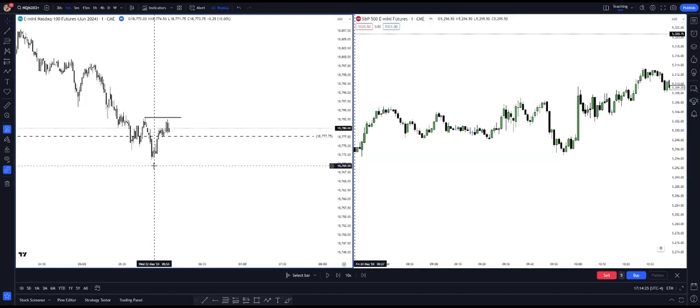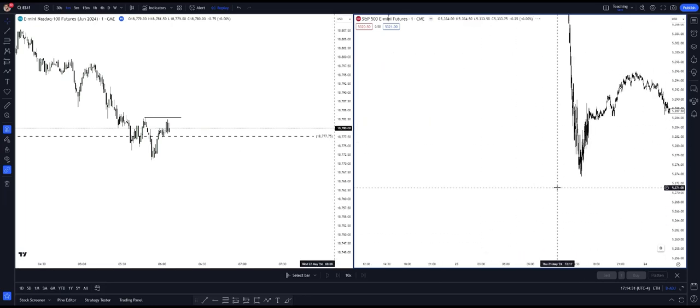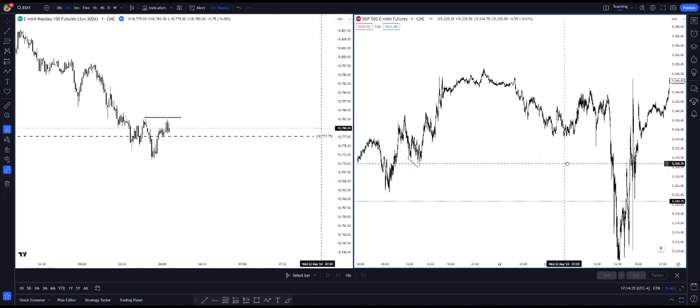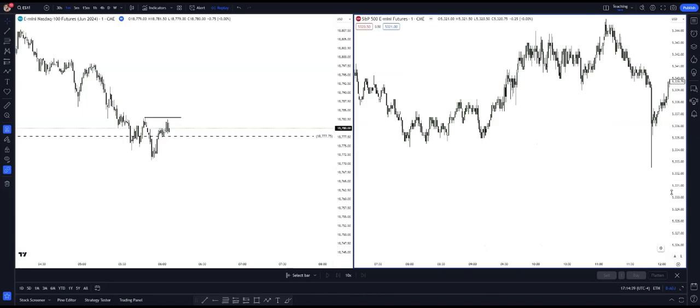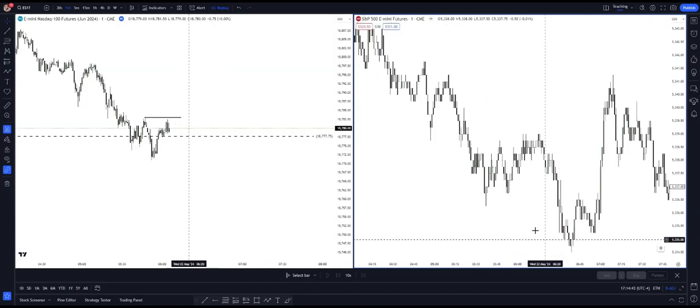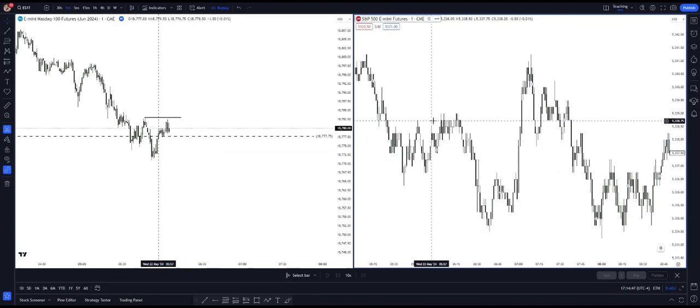Let's see, Wednesday 22, 6 o'clock. The only example I found is funny, 6 o'clock. All right, let's see. Here is the price action.